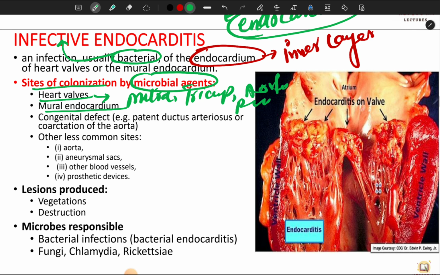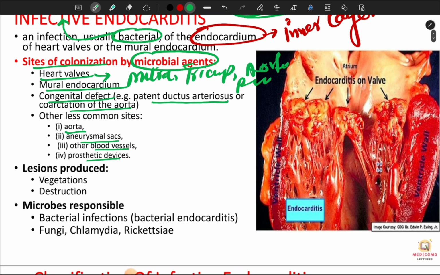And the congenital defects, patent ductus arteriosus and coarctation of aorta, are sites for colonization by the microbial agents. The other less common sites are the aneurysmal sac, blood vessels, and prosthetic devices, like the stents we put in coronary artery disease, and electrodes in heart block.